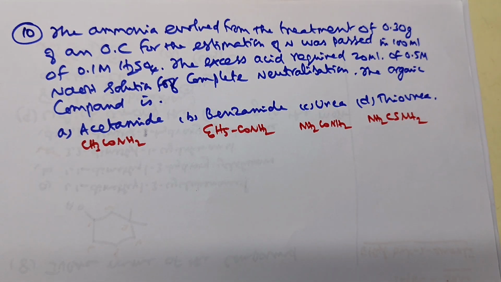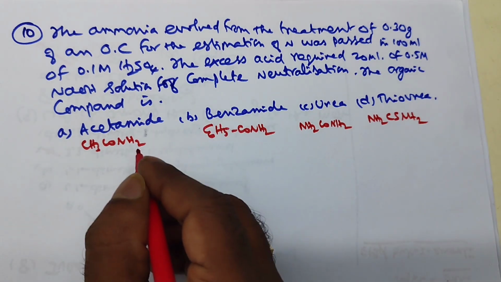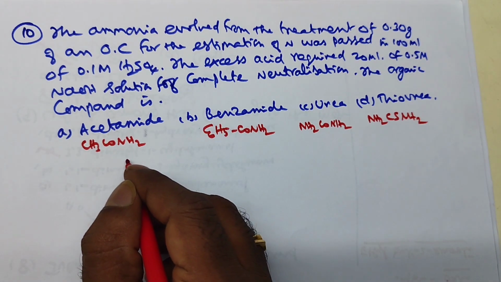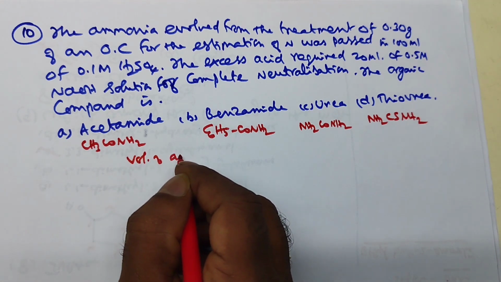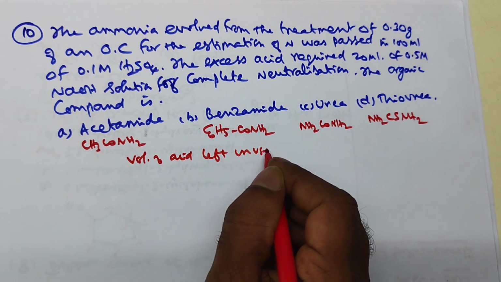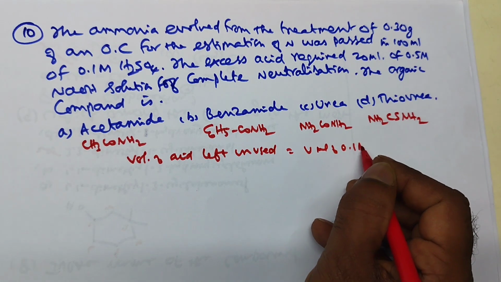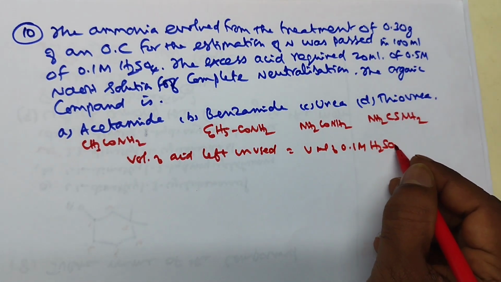So we have to work out and find the percentage of nitrogen in this case. First, you have to use the formula. Volume of acid left unused is equal to V ml of 0.1 M sulfuric acid.